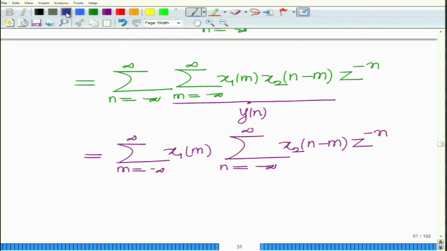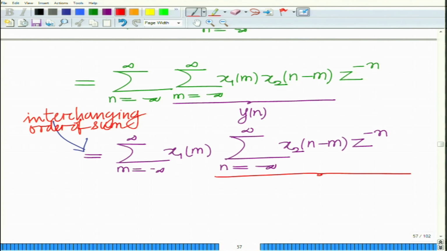This is by interchanging the order of the sum, and now you can see this is the Z transform of x2 n minus m, that is x2 delayed by m.